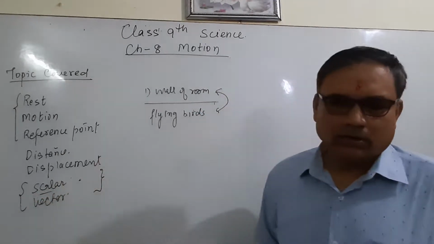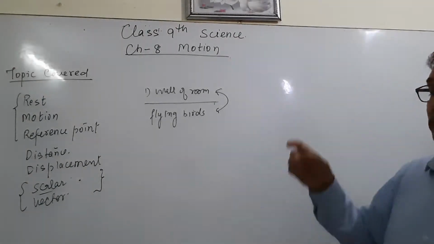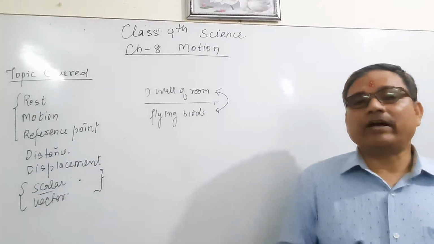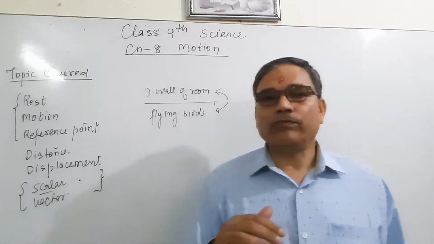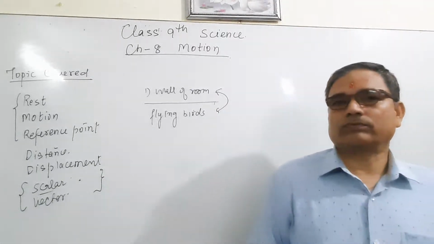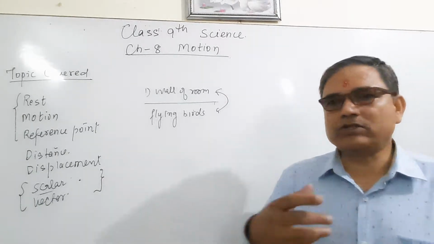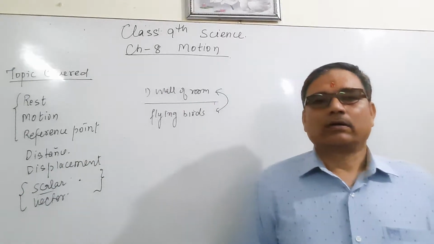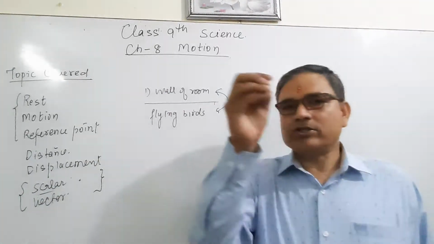We will try to cover these topics today. First, some indirect evidence is also surrounding us. When air moves, moving air is known as wind. When air is in motion, it is known as wind.